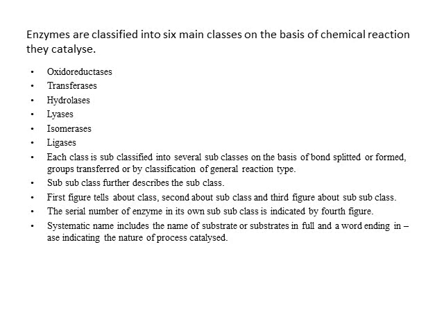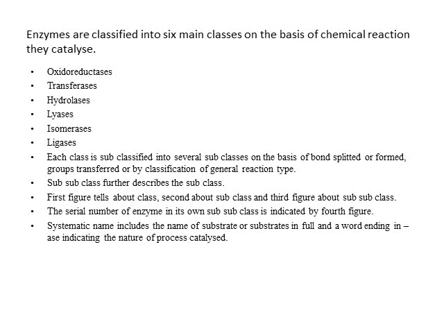Each class is further subclassified into several subclasses on the basis of the bond split or formed, the group transferred, or by classification of the general reaction type. The third figure further describes the subclass. So, the first figure tells us about the class, the second figure about the subclass, and the third figure about the sub-subclass.